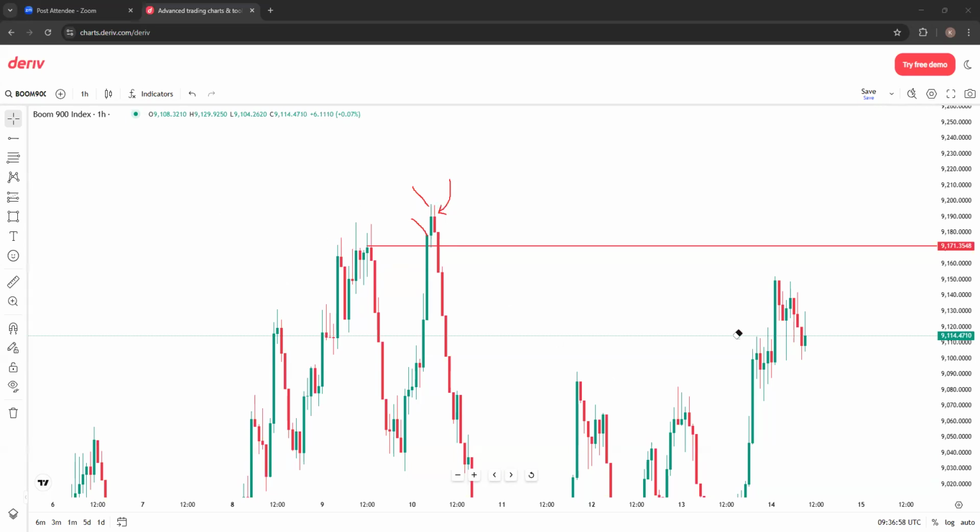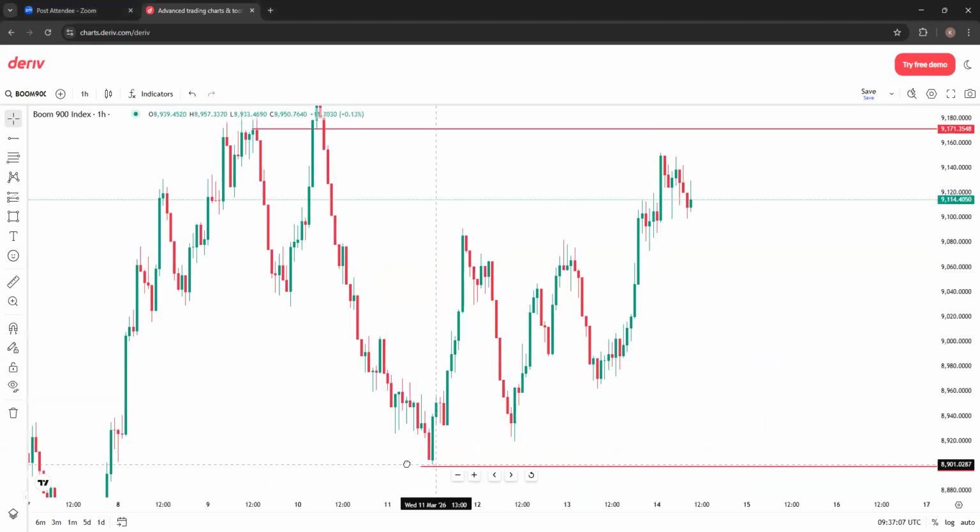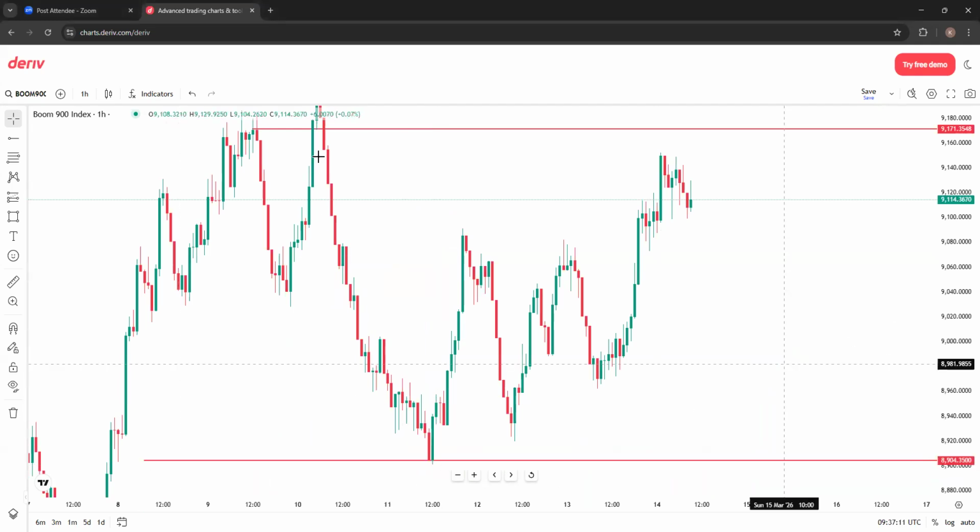This is what's happening currently on Boom 900. So this looks like a trade we could actually take, right? Now what we see is we have a high and we have a new low. Whatever is happening between that high and that low is just noise of that time frame.